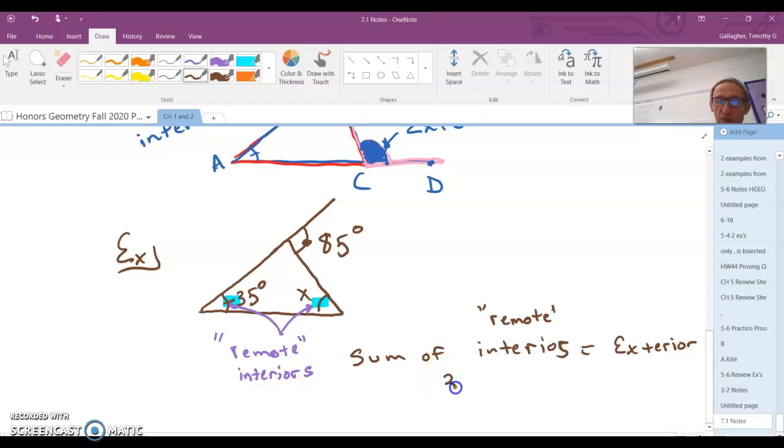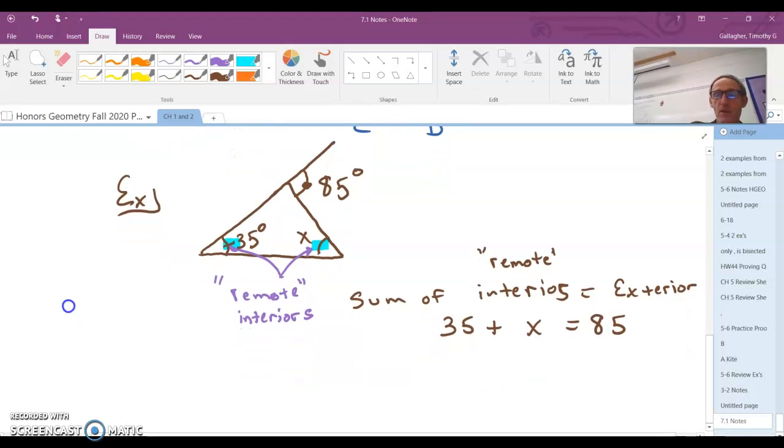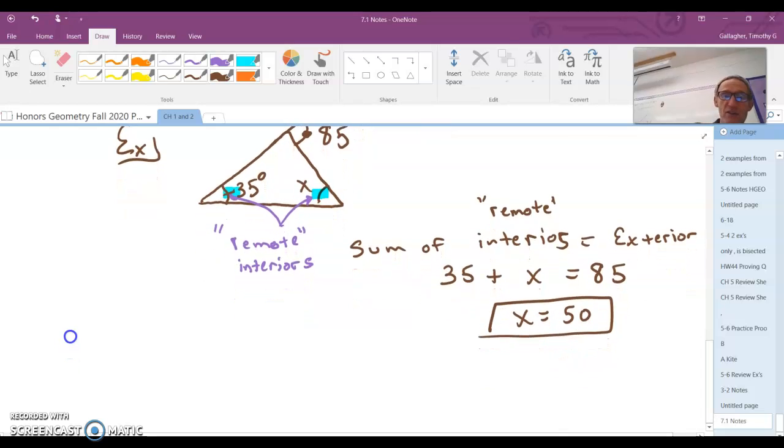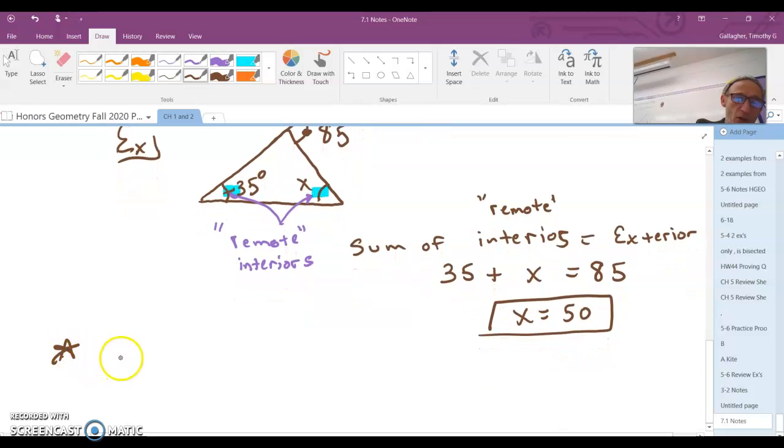So 35 plus X in this problem equals 85. So X equals 50. So as a note, a triangle has three exterior angles.